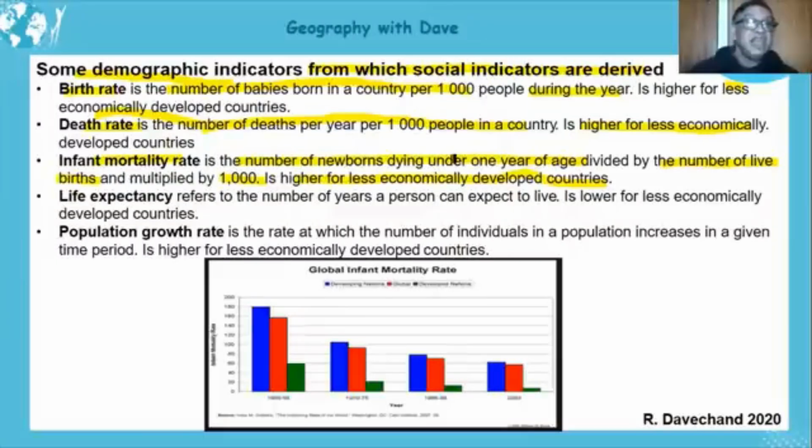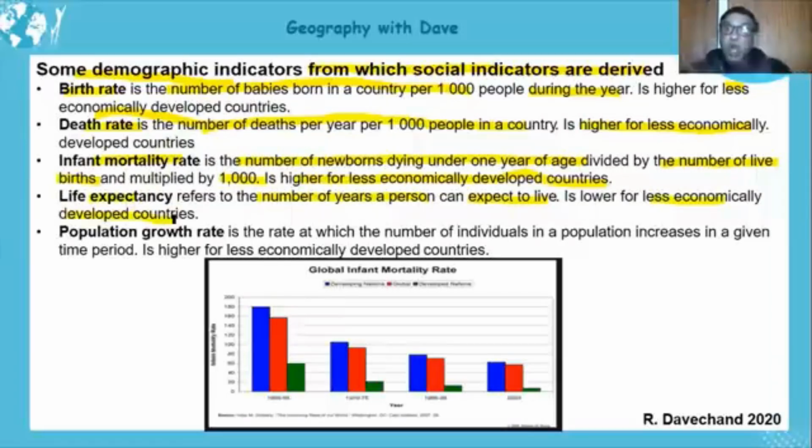Life expectancy, the total number of years a person is expected to live. You know obviously where it'll be lower. It'll be lower in the less economically developed countries because their health facilities are not as effective.